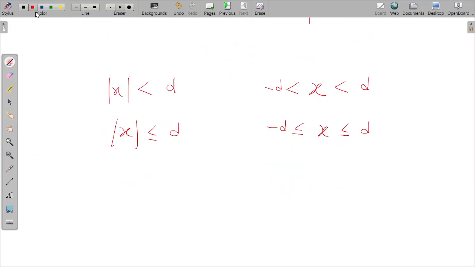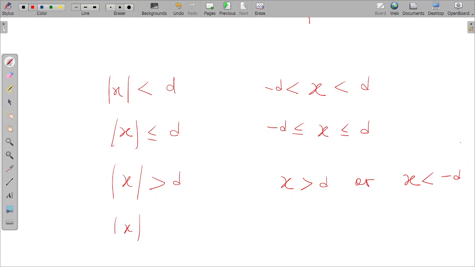If the absolute value is greater than d, then that gives us x greater than d, just the way it is before, or x less than negative d.